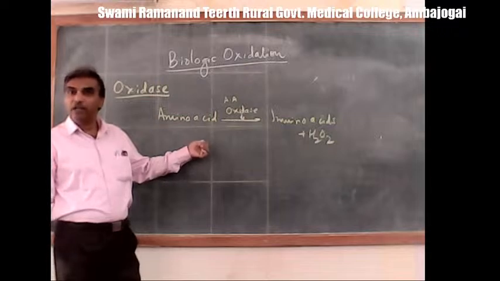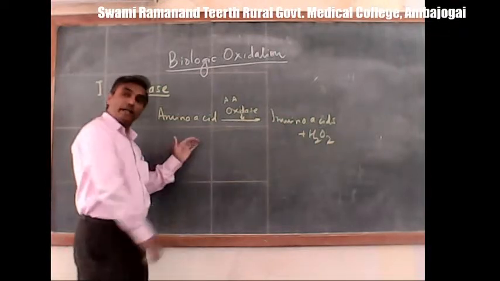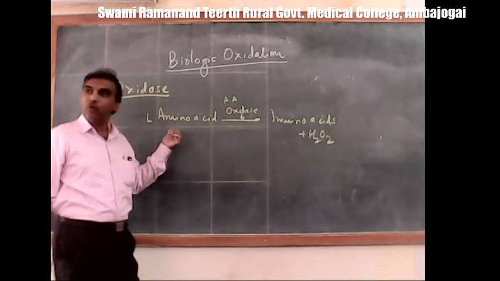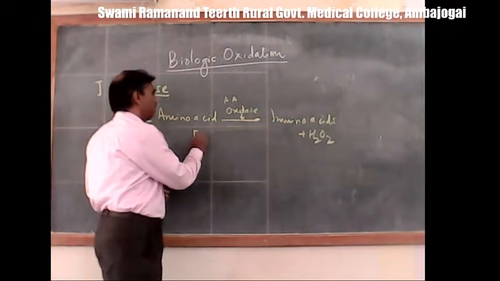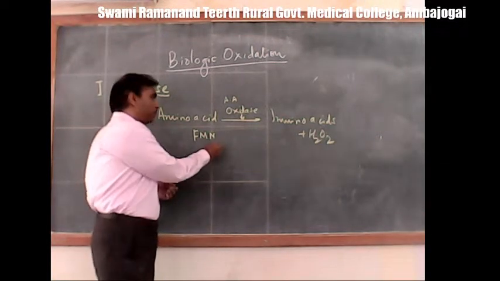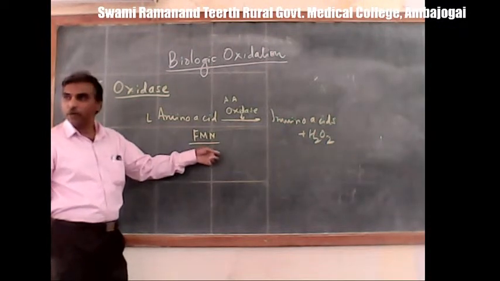And this requires FAD, and FMN. If it is L-amino oxidase, it requires FMN with it. What is this FMN? Flavin mononucleotide.